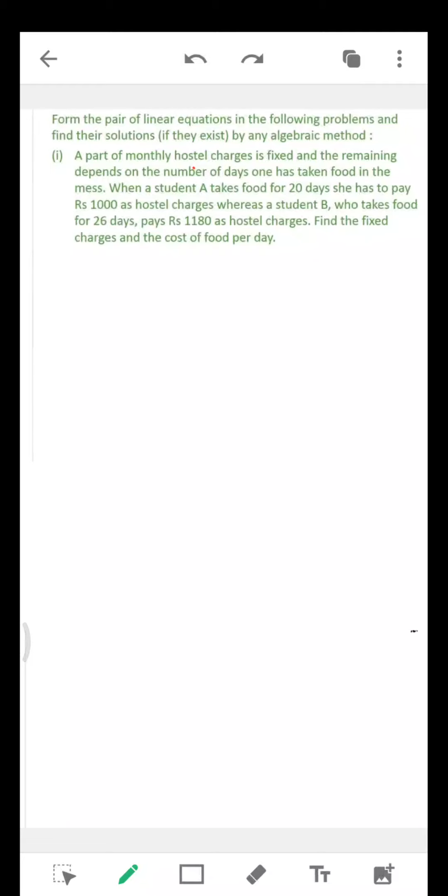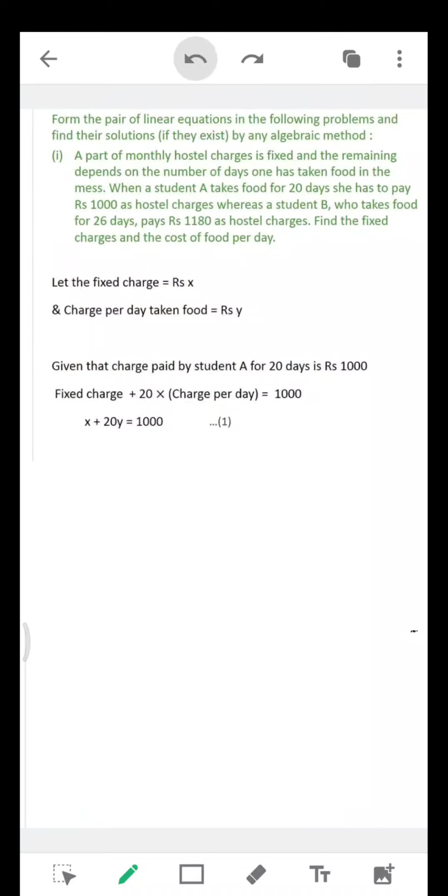So for that I'll begin it like this. Let the fixed charge be x and the extra charge for food per day be y rupees. After that we'll go to the first condition. The charge paid by student A for 20 days is given as 1000 rupees.